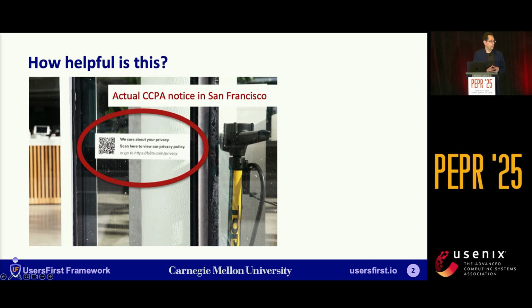Just to potentially put a little bit of perspective, this is an example of a real sign that someone posted outside of a store around 2020 to satisfy CCPA requirements. So this was intended to be the notice and choice approach to CCPA, placed at knee height at the entrance of a store to let people know that, hey, if you want to, you might be able to opt out.